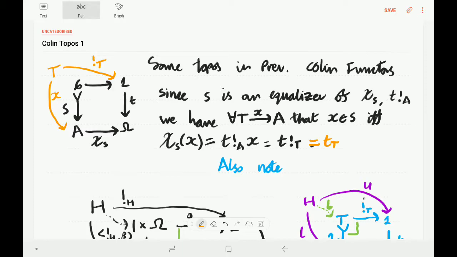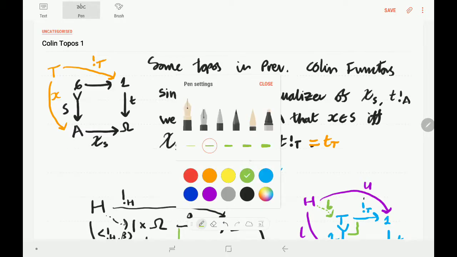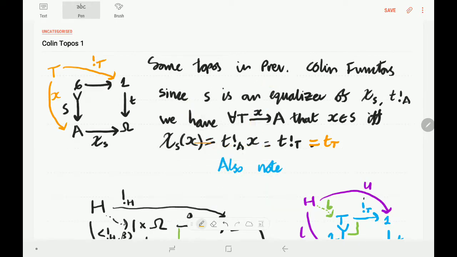All right, so this is really cool because what we're saying here is that we can understand now what this subobject classifier means.